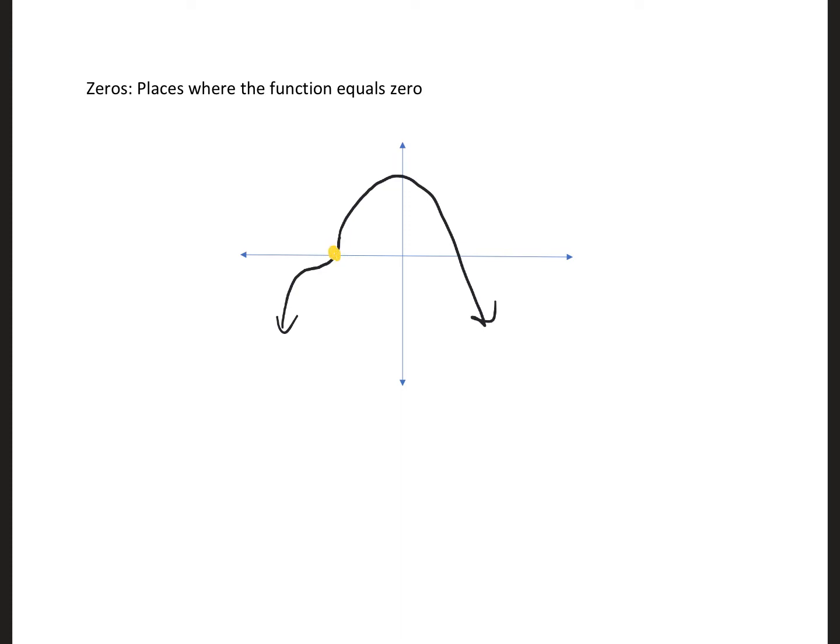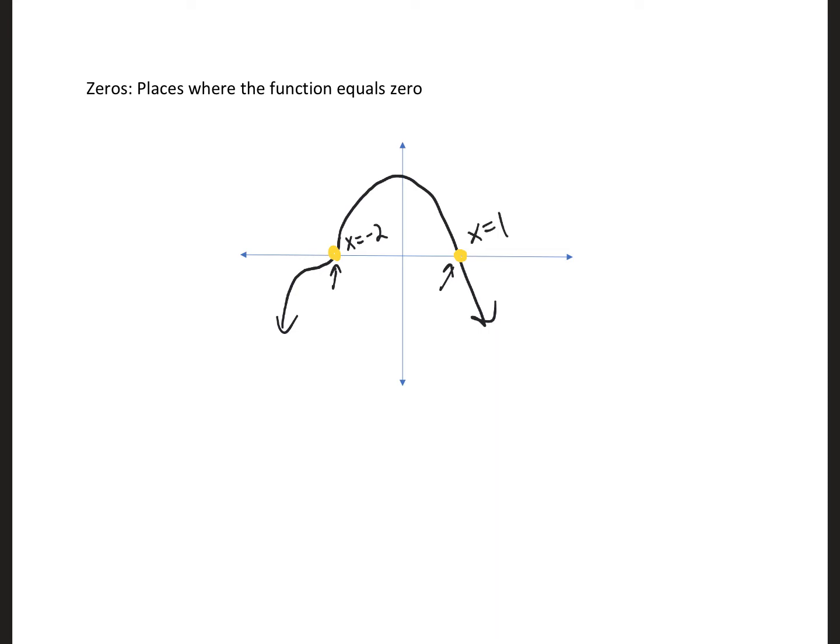So we'd actually have two of those, here and here. And let's just say, for instance, that this value right here was x equals -2, and let's say that this value here was x equals +1.